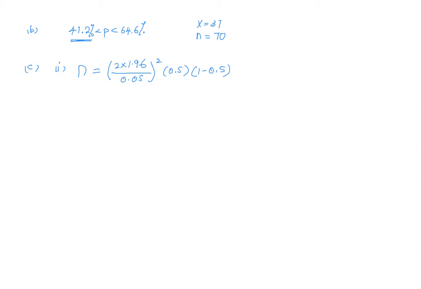And another thing is because the width is very small. You only want 5% difference between the highest and the lowest. So that is a very narrow width. To create this narrow width, the bigger the sample size, the better. All right, so we take a bigger sample size. That is the reason why you say so.